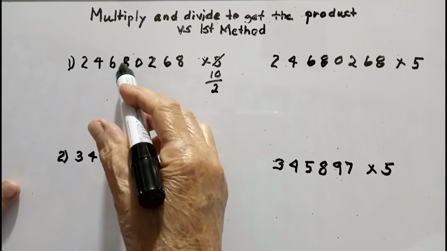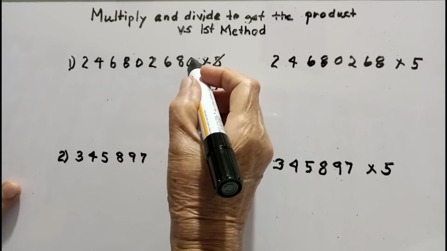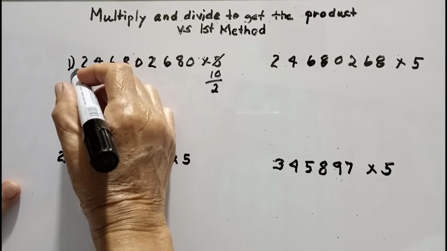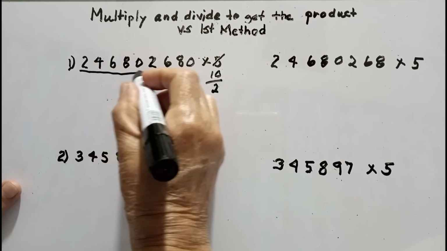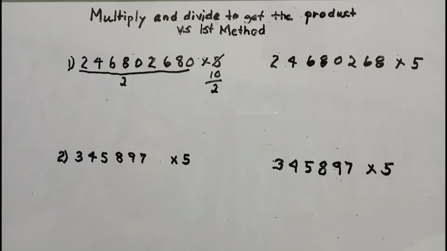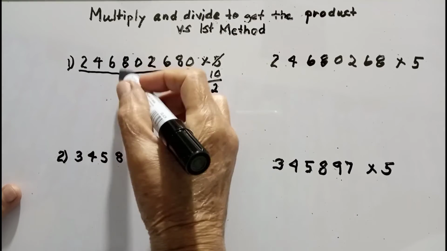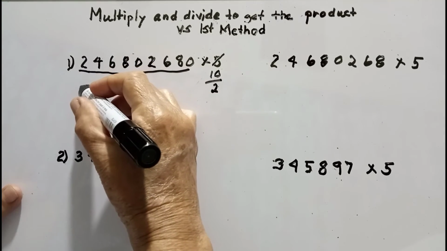So we will multiply this number with 10 or simply add 0 and divide the whole thing with 2. So let's divide. 2 divided by 2 is 1.